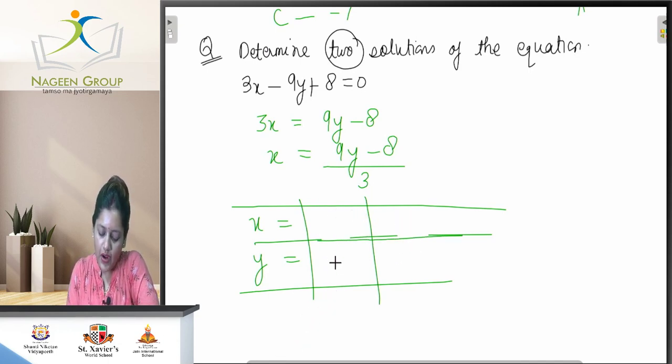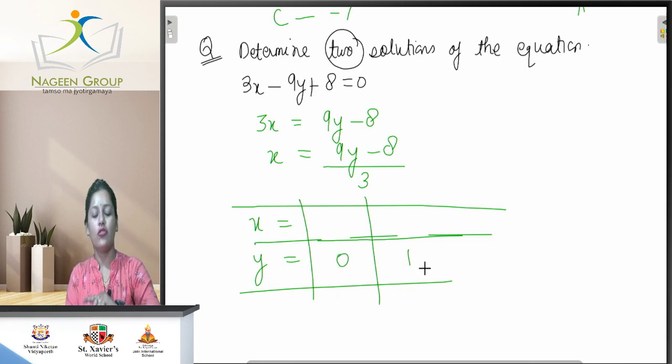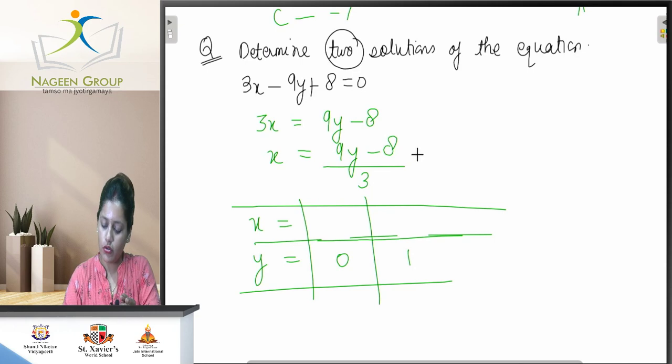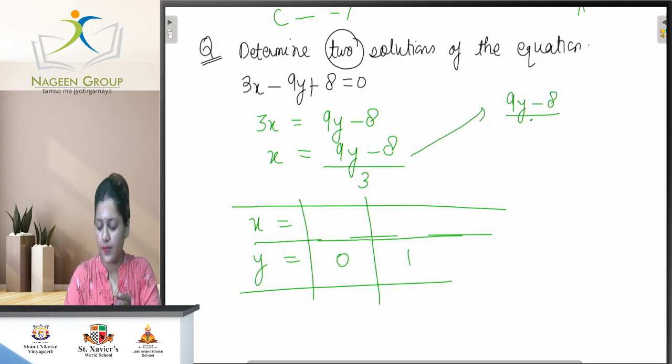So first of all we put the value 0. By putting 0 in place of y in (9y - 8)/3, we get -8/3.